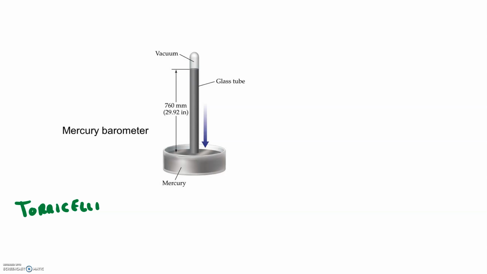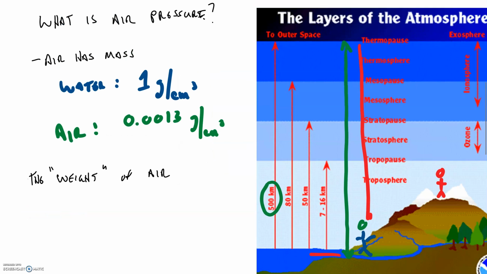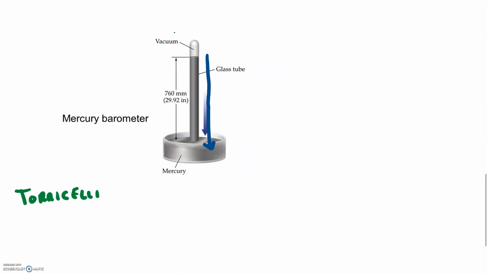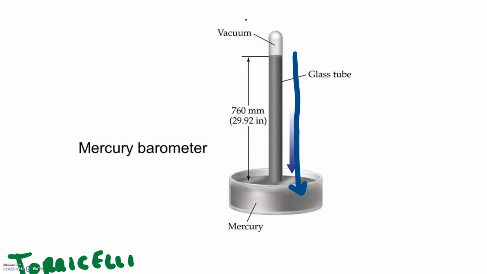And what he noticed was that this mass of air above this dish full of mercury, the mass of air pushing down on it from all this atmosphere, was able to support this column of mercury, which is a pretty dense metal, up to a height of 760 millimeters, this level.